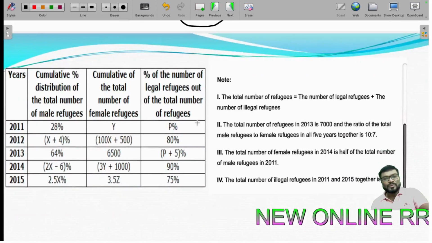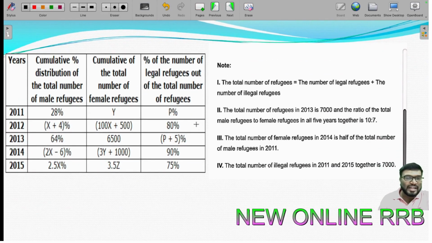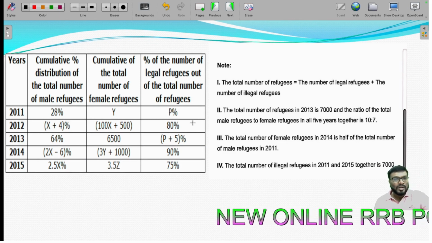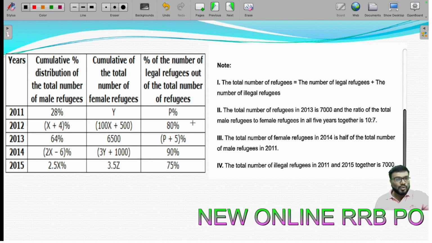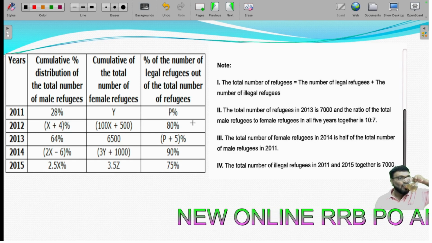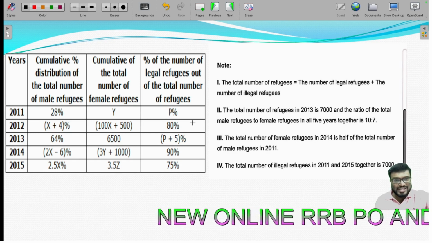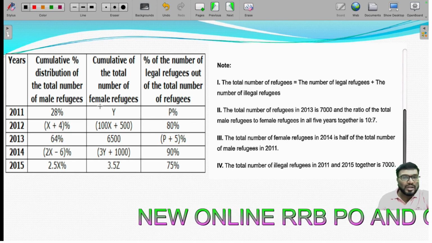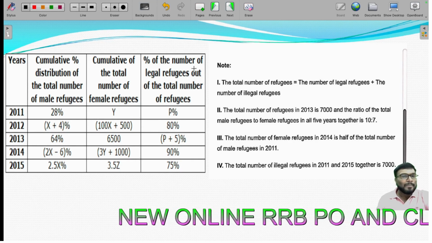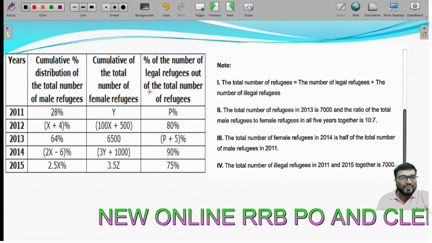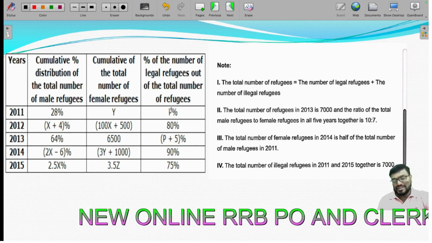Now if you read here, what is the data we have? Cumulative percentage distribution of total number of male refugees, cumulative total number of female refugees, and percentage of legal refugees out of the total number of refugees.